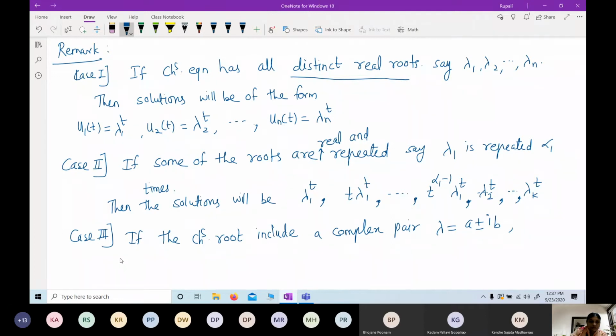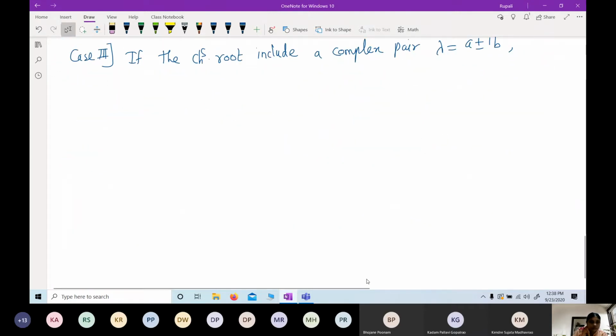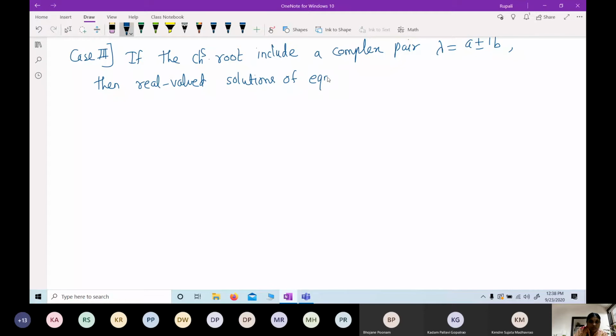Then real valued solutions of equation 3.6 can be found by using polar form. What is my 3.6?